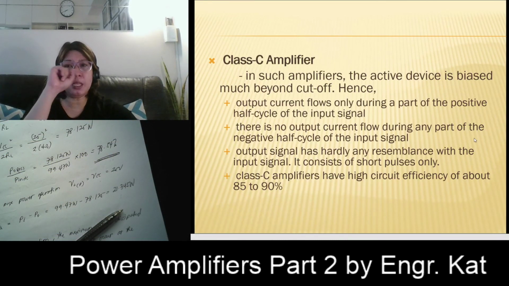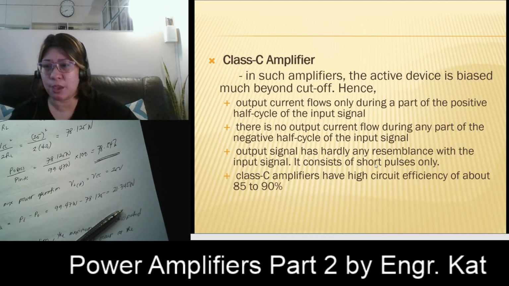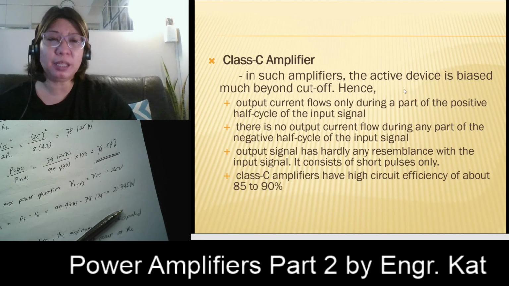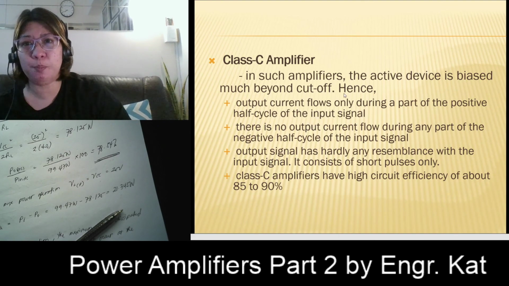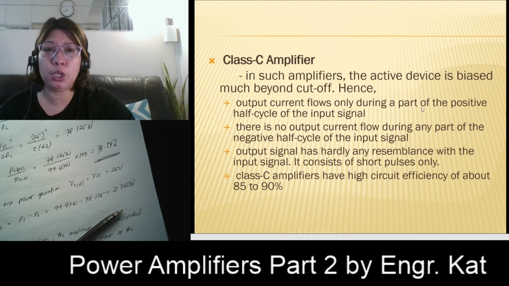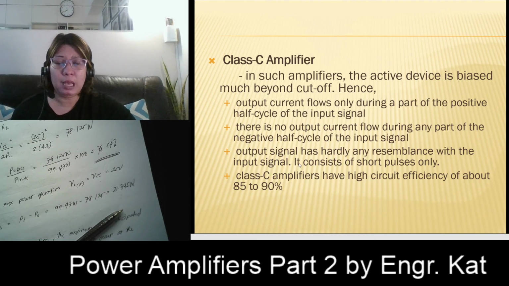So we have here the next, which is the Class C amplifier. In such amplifiers, the active device is biased much beyond cutoff. Hence, the output current flows only during a part of the positive half cycle of the input signal. So there is no output current flow during any part of the negative half cycle of the input signal, and your output signal has hardly any resemblance with the input signal.